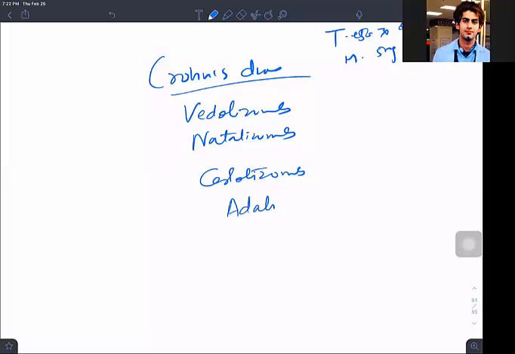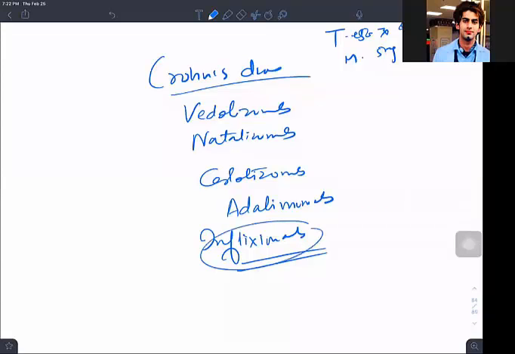Adalimumab, infliximab. What is the route by which we give infliximab? We give it IV. Infliximab is given IV. I for infliximab, I for IV. Easy.